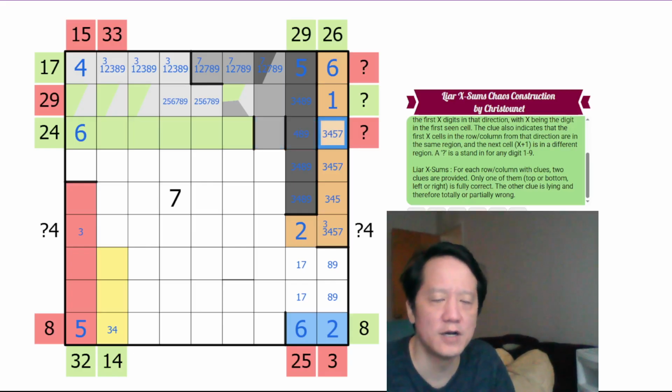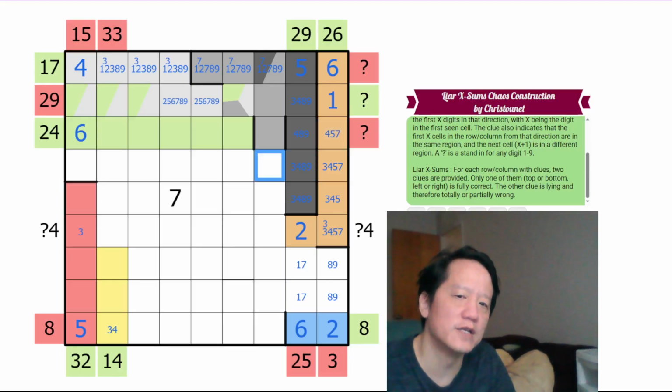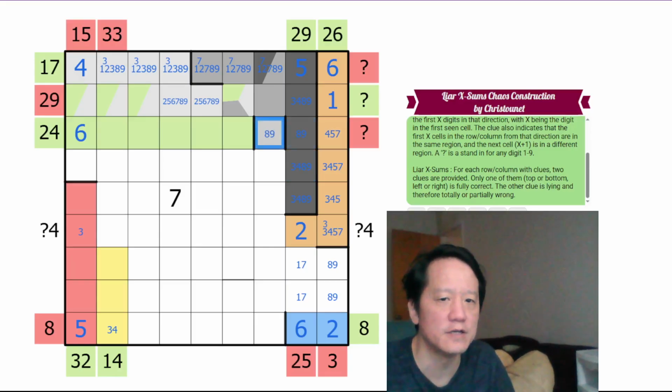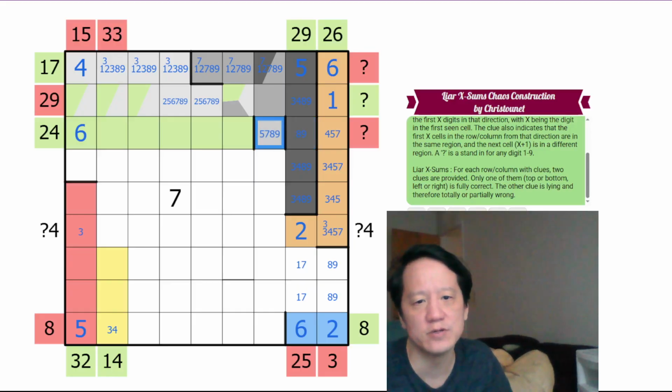So 3 does not work here. 3, 8, and 9 is 20. 4 does work here, which means this can't be 4. So you have 4, 8, 9, 8, and 9. 5 could work. 5, 9, and 7. And you could have 7, 8, well, no, 6. So 7, 9, and 5 there are possibilities. Interesting.